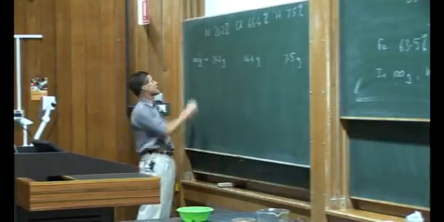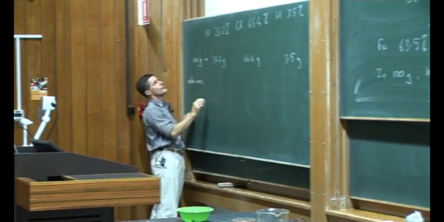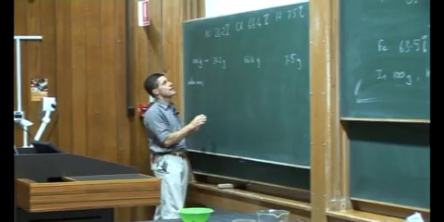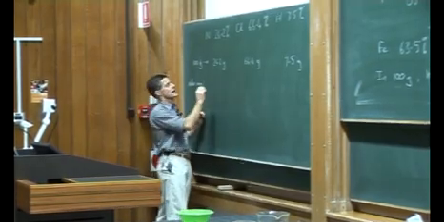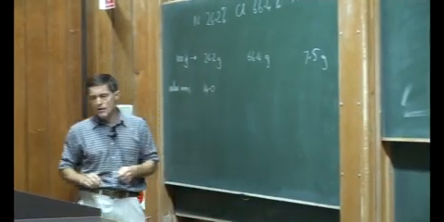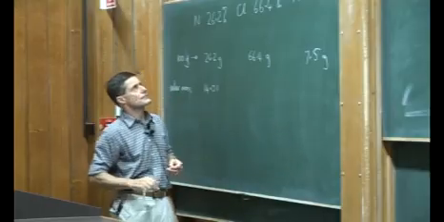If I now think of the molar mass of these components, nitrogen has a molar mass, and now I've got to think a little bit more carefully. Molar mass of 14 or 14.01.